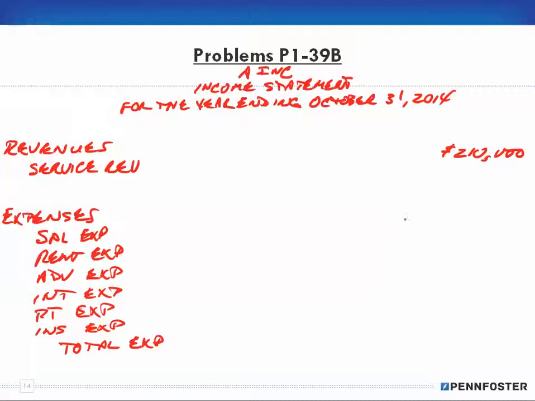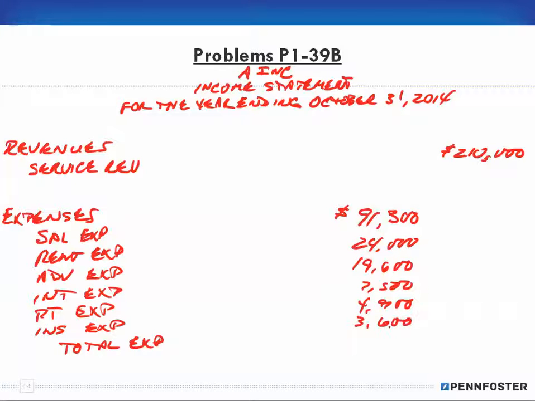And what I'm going to do here is, since this is a mathematical calculation of more than one number, I'm going to work in the left-hand column. Right? So I'm going to put my dollar sign because it's the first number in the column, and that's 91,300 for the salary expense, 24,000 for the rent, 19,600 for advertising, 7,500 for interest, 4,900 for the property tax, and 3,600 for the insurance expense.